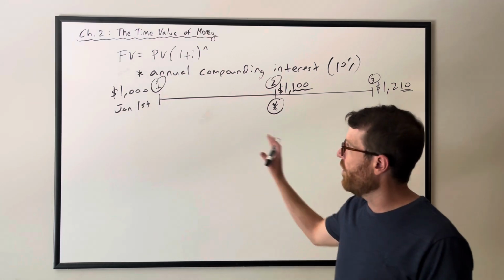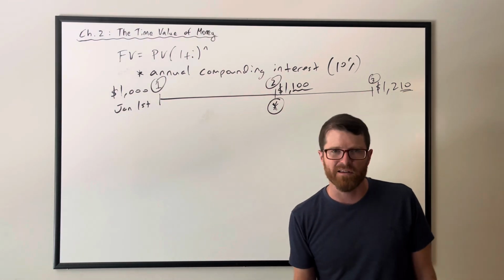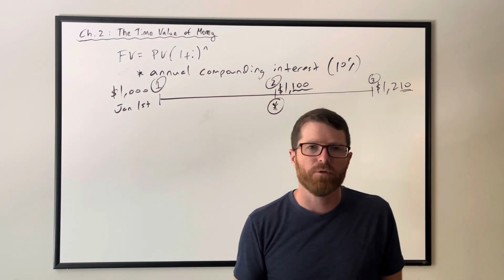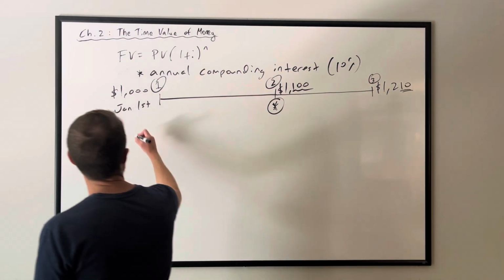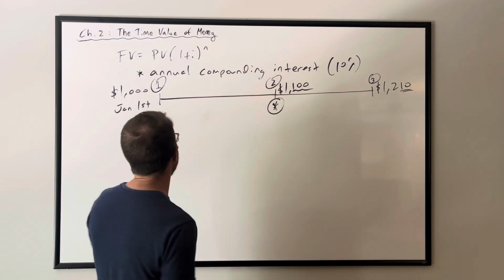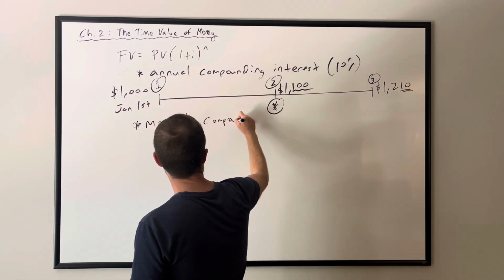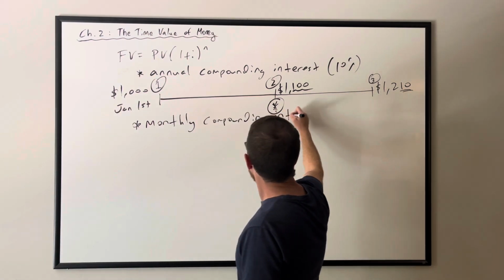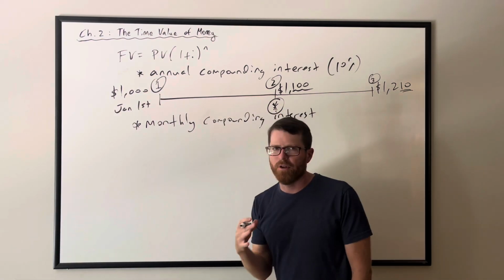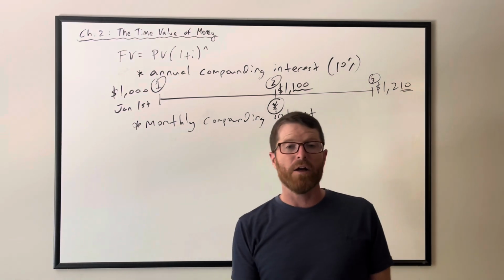Now, interest doesn't always grow like this. In fact, it typically doesn't. Instead, it follows other types of rules. So, for example, if you invest in a savings account, you usually will get monthly compounding interest. And without dealing with any of the numbers here, let me just explain how this would work.